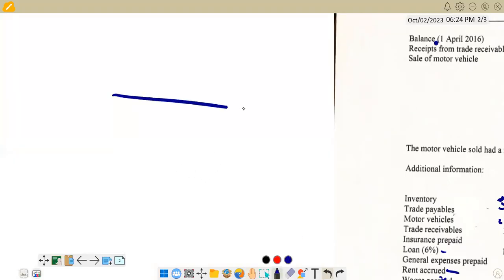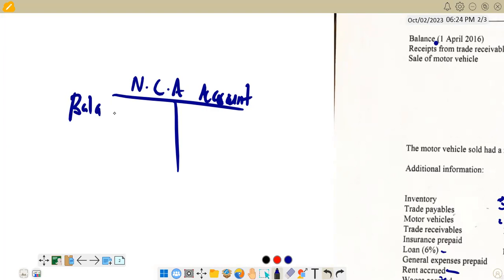The figure for depreciation, you find it this way. This is a non-current assets account. We can open an account with net book values whereby we say balance BD at net book value on the debit side, and then balance CD on the credit side using the net book values.